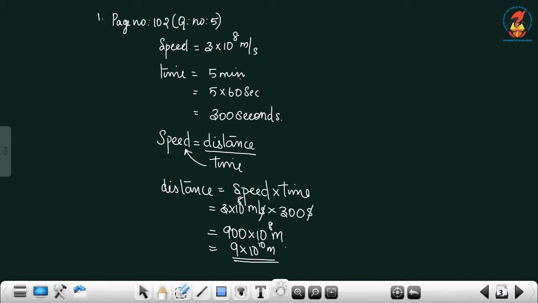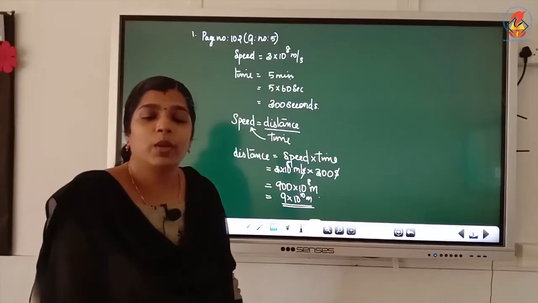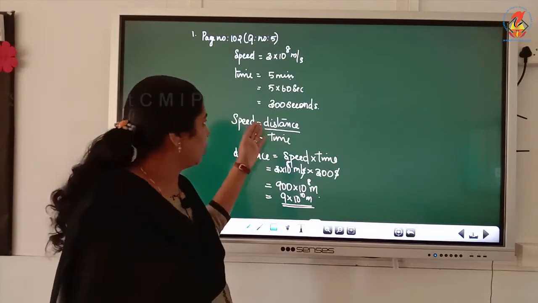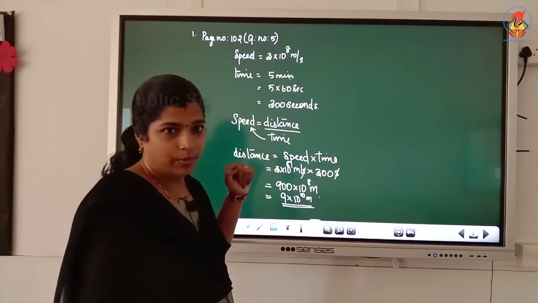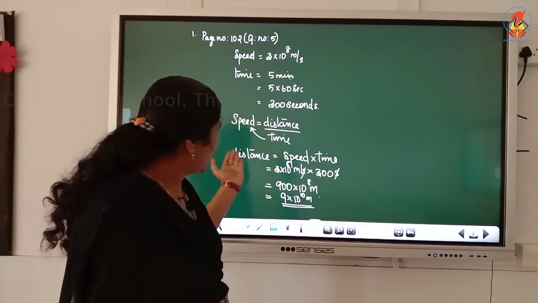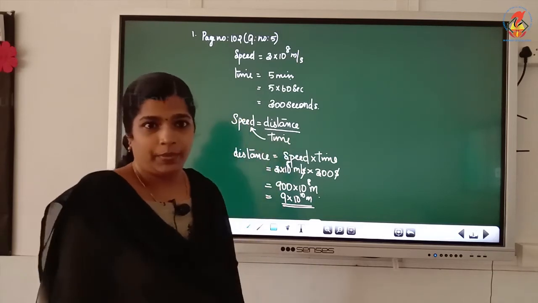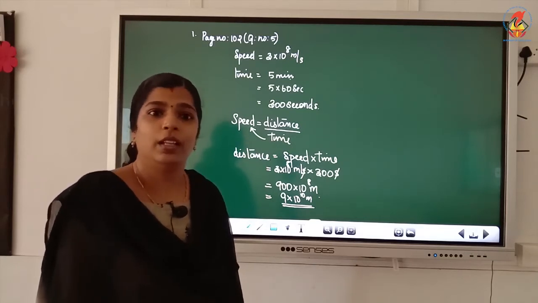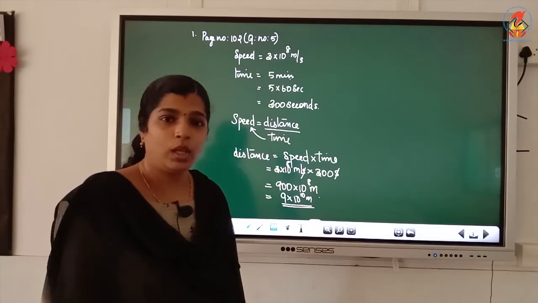Here I wrote speed and time, since speed and time are given. Then if you write it in the correct way, you will get which equation we need to use. I need to calculate the distance, that is equal to speed into time. Then you can substitute in the equation with units and find the answer. Okay?